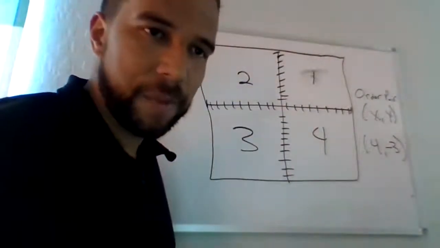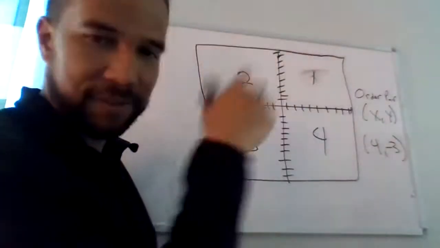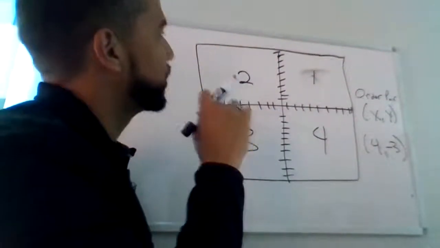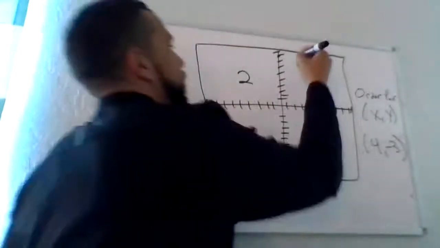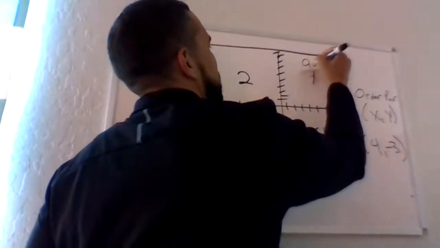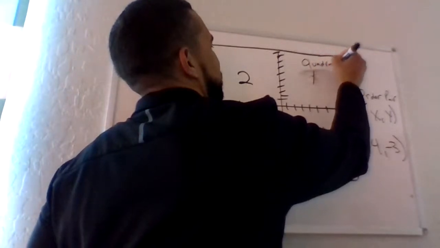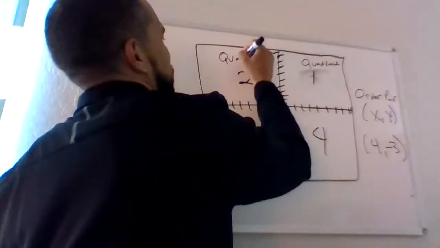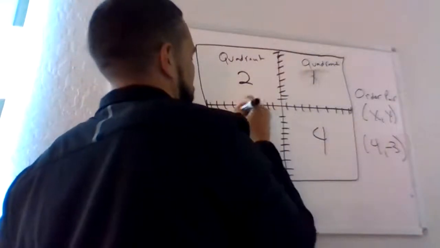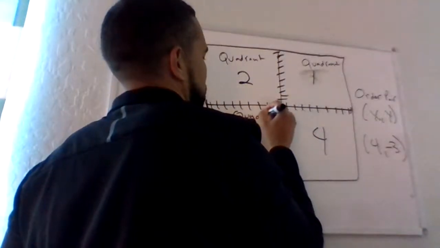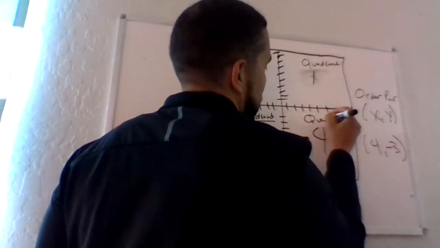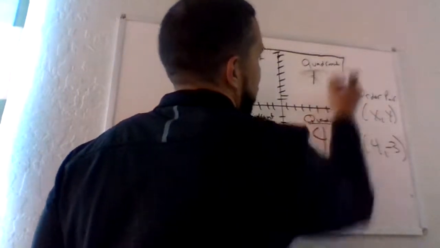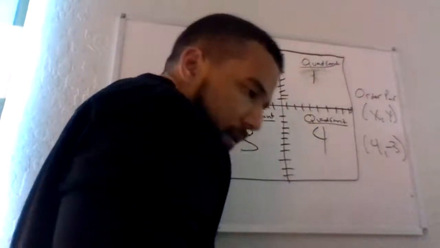Like I said, feel free to shoot me a message in the live stream, or answer on the conference call. Which quadrant would the ordered pair be in? Upper left, number 2. Anybody disagree? 1 and 3.